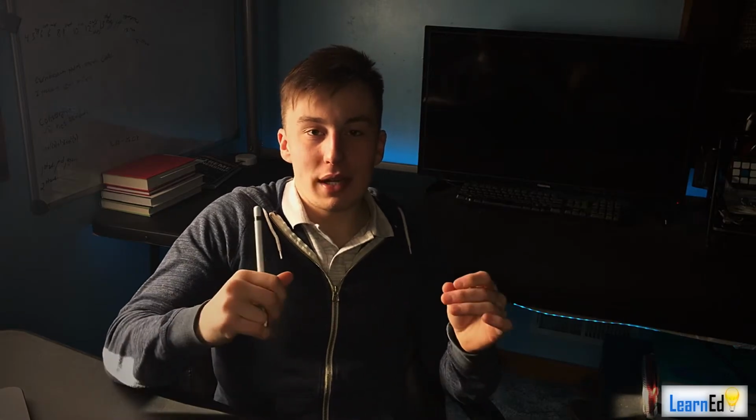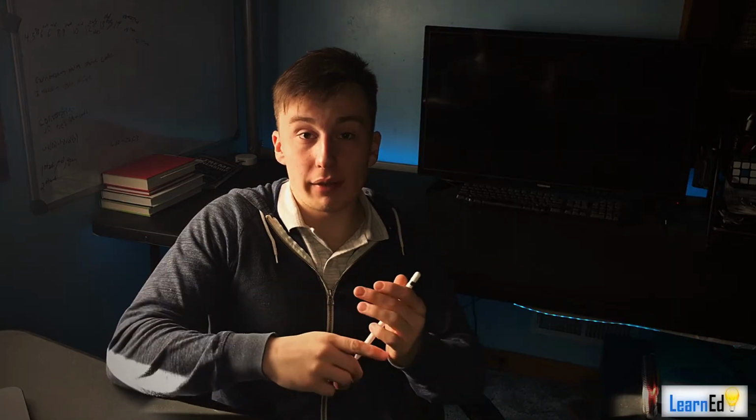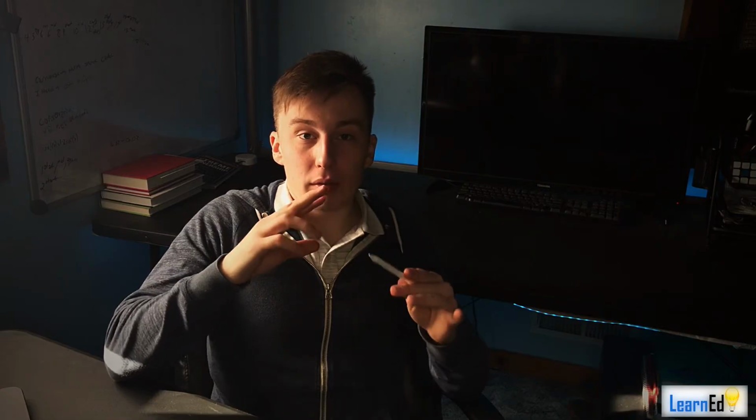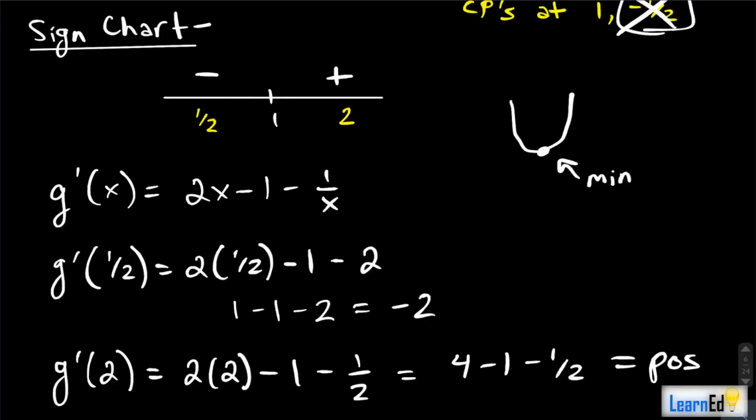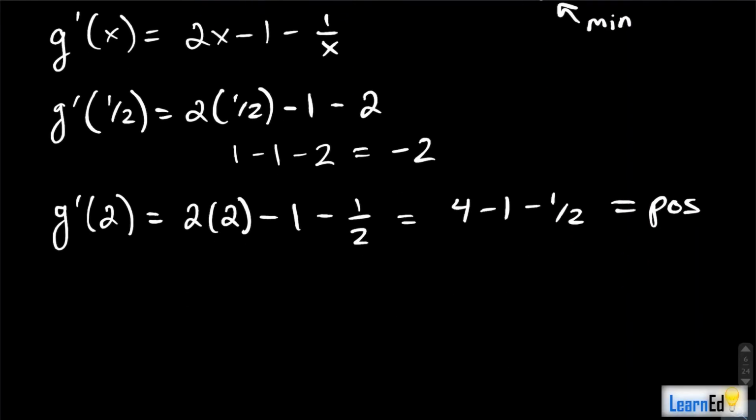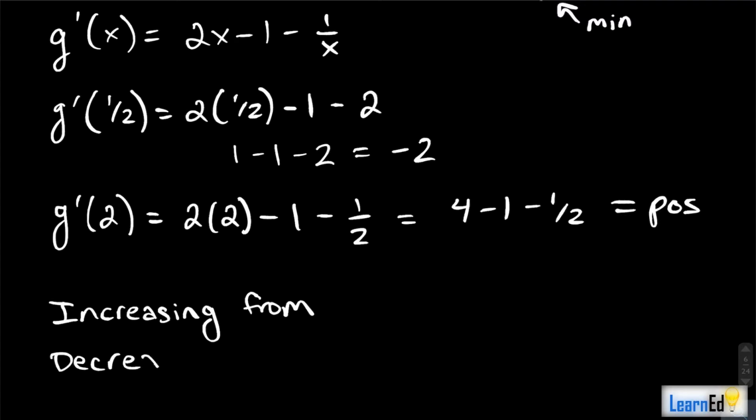From this data, we can now talk about what our increasing interval is and what our decreasing interval is. We also need to make sure we're accounting for the domain of our original function. So let's write increasing from, and decreasing from.